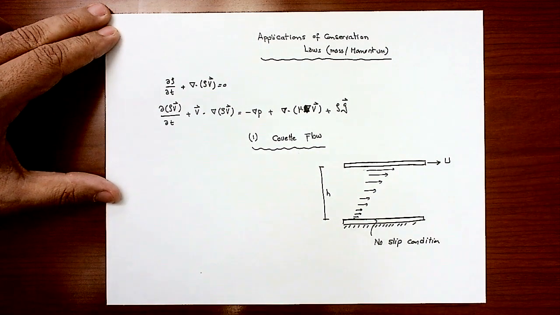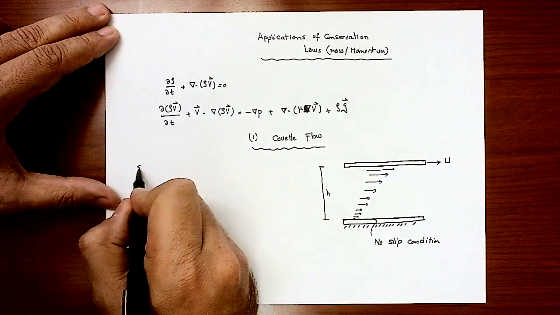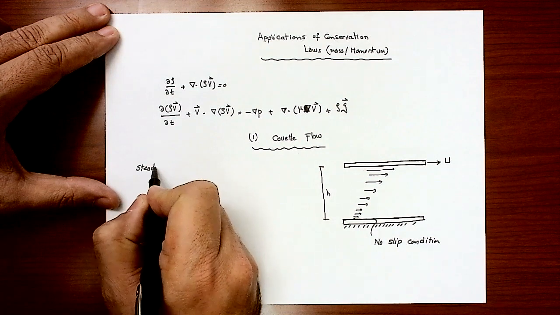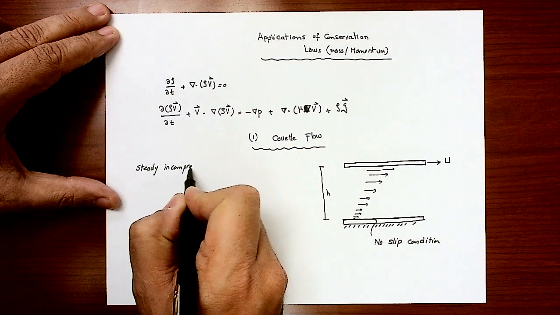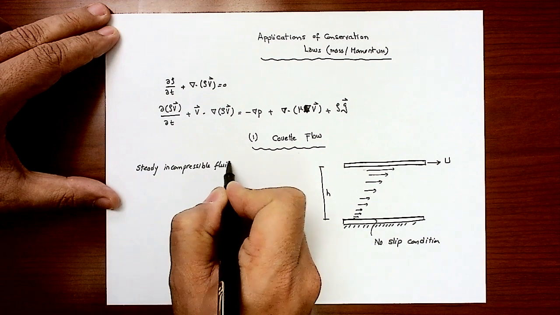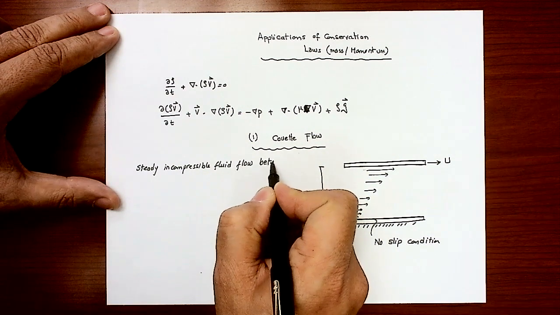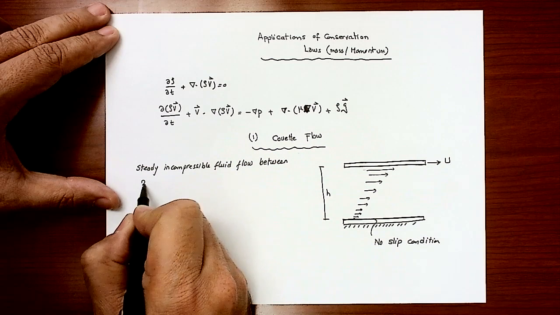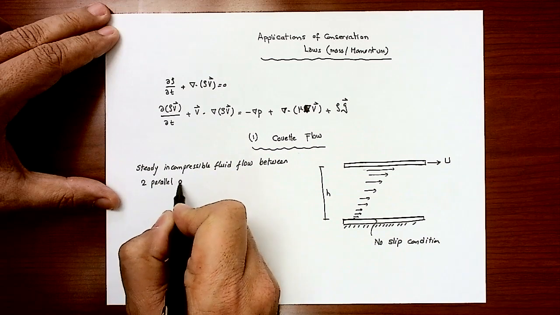So again, it's Couette flow. Couette flow as a statement is steady, incompressible fluid flow between two parallel plates.